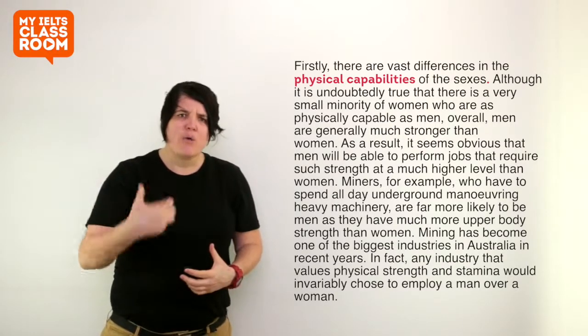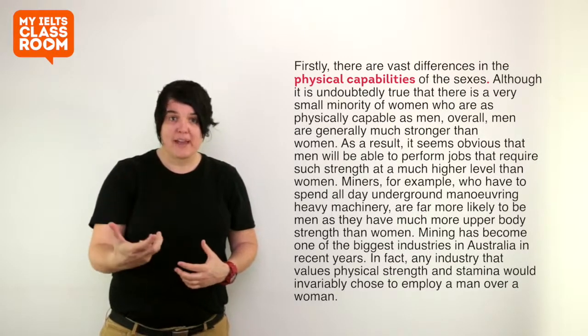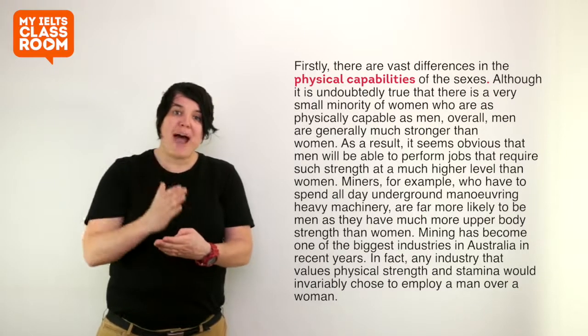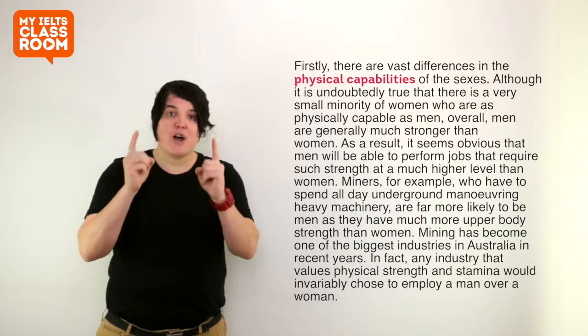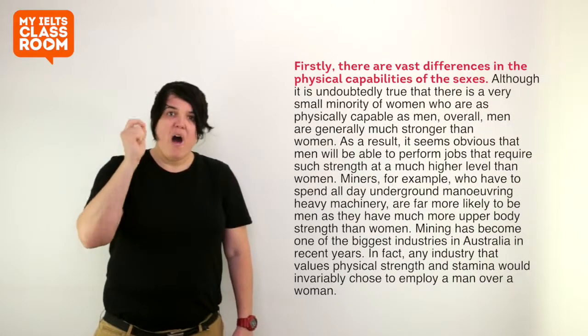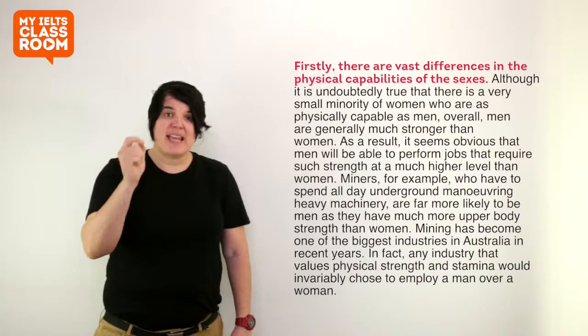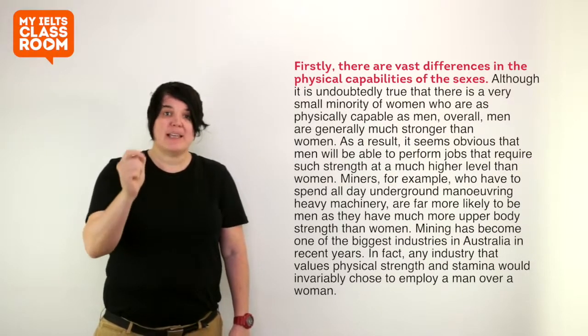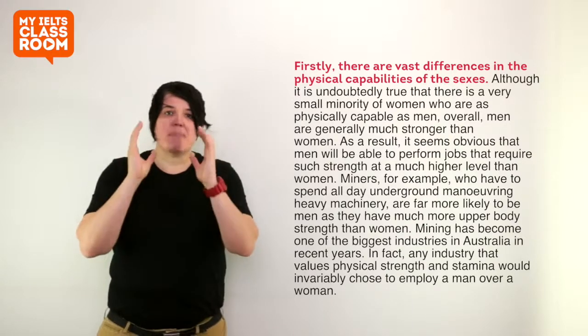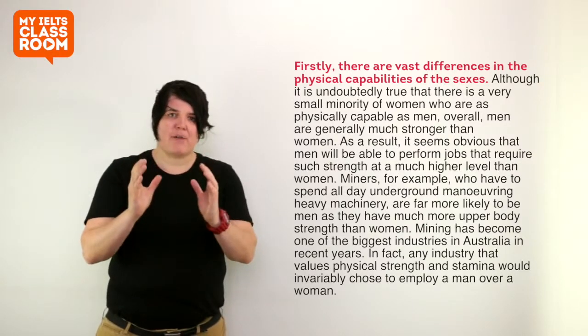How did you know that this was the main topic of the paragraph? Because the paragraph tells you in the first sentence, it says, firstly, there are vast differences in the physical capabilities of men and women. Here, clearly is the main topic of this paragraph.